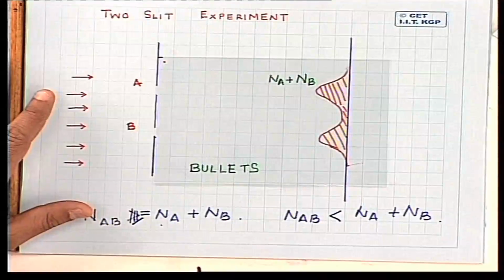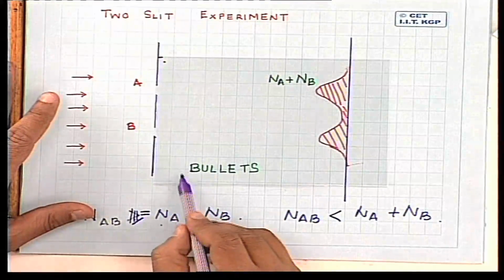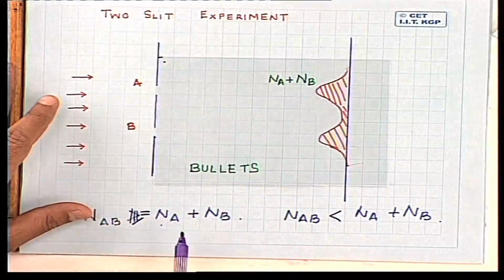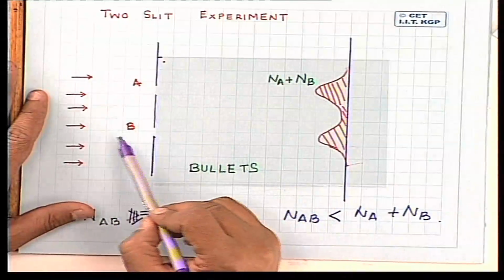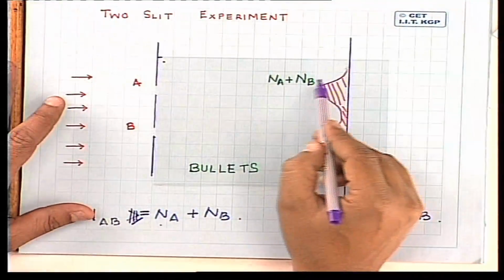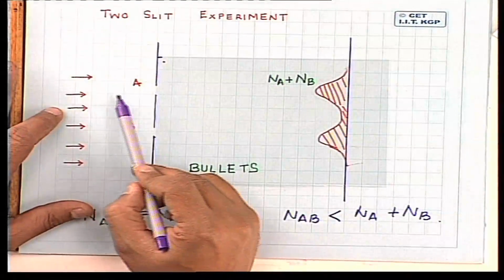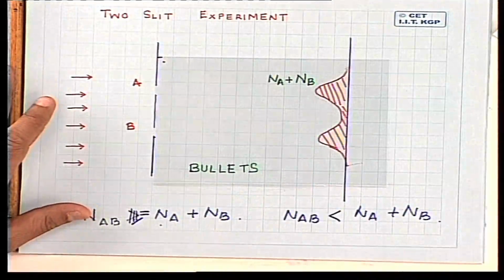What you find is that you will get a pattern which is very similar to what you would get with bullets. Once you put detectors over here and you can determine whether the electron actually went through this or through this, the results correspond to a situation where the electron does go through this or through this.